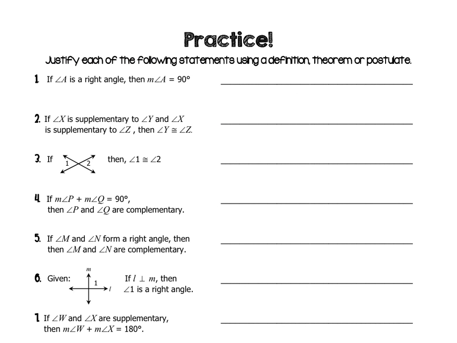So now let's look at how we can use some of these. Here we're asked to justify each of the following statements using a definition, a theorem, or a postulate. You all have a sheet that has a guideline that includes all the properties. I call it a property bank.